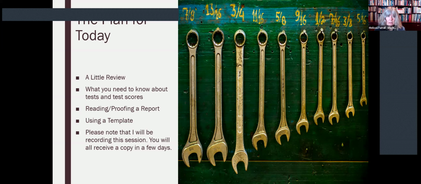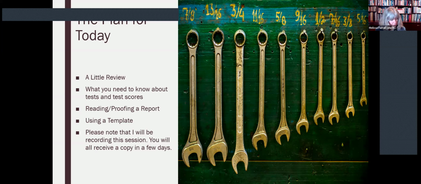I thought we'd talk about some of the things to look for when you're reading a report by an unknown evaluator, or to think about when you're proofing your own work. They kind of go hand in hand.